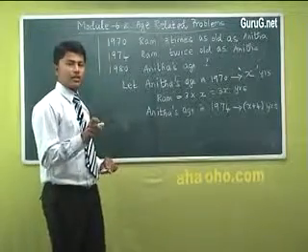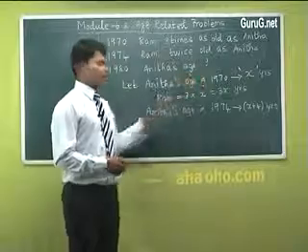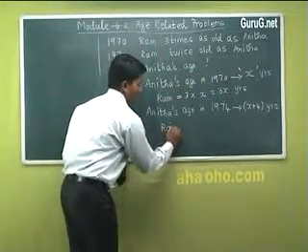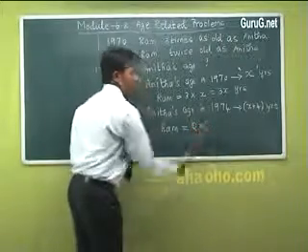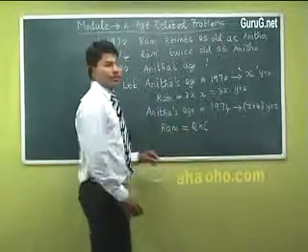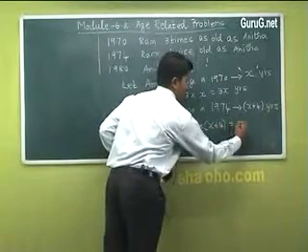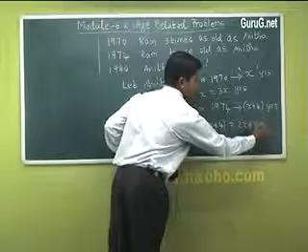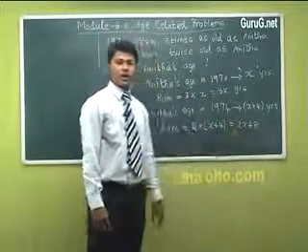So, Ram was twice as old as Anita. So, in 1974, Ram's age will be 2 into the age of Anita in 1974, X plus 4. Put X plus 4. This is nothing but 2X plus 8. Okay. So, Ram's age will be 2X plus 8.